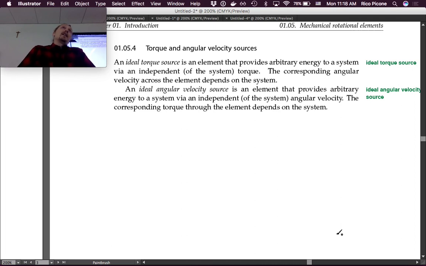Now, we're going to model the internal workings of the motor from the electronics all the way through to the torque and angular velocity. So I should just say we look at motors not typically as being sources. Typically we think of them as being part of the system, and we model their internal dynamics.